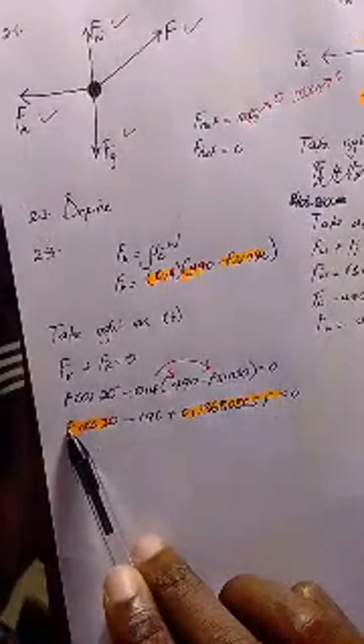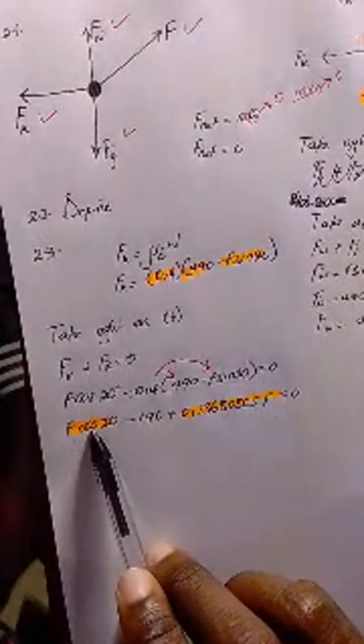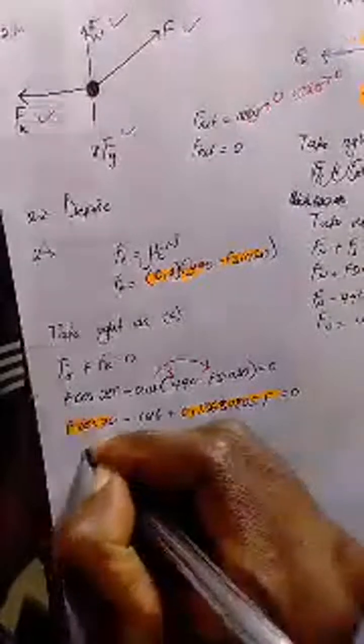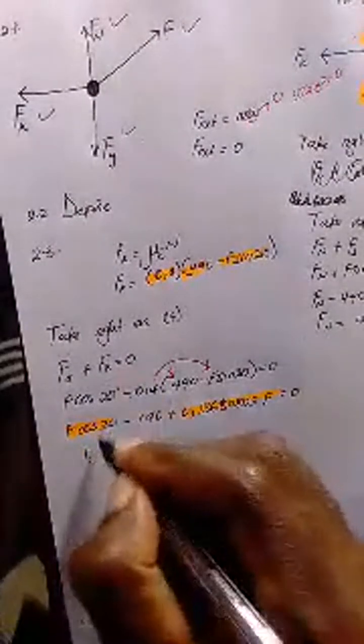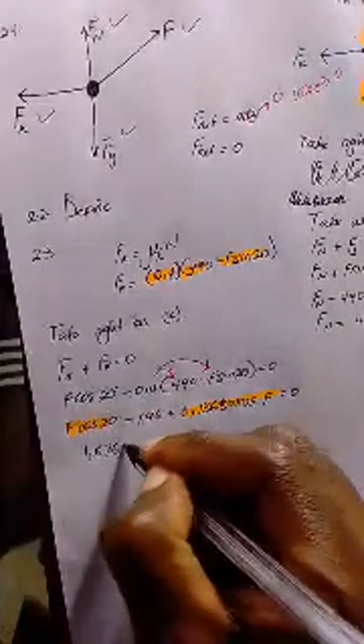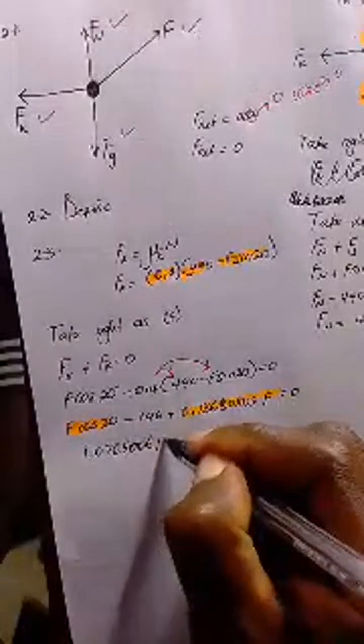They both have F. So the answer that you will get there is 1.076506 F. Now this will be minus, don't forget this one, 196. It equals 0. We need to transpose 196 to the other side.